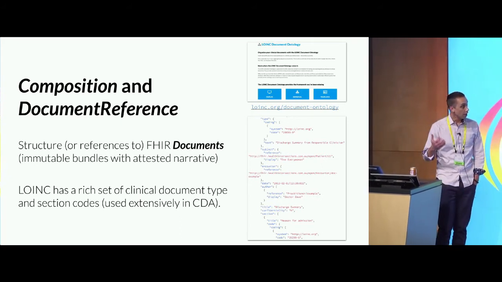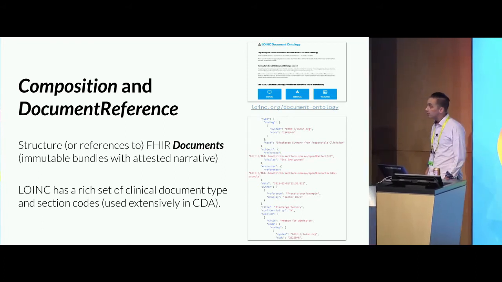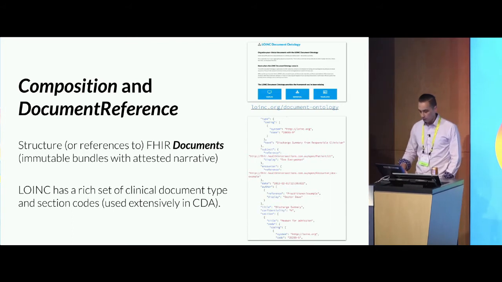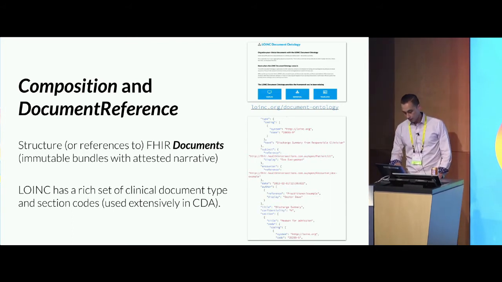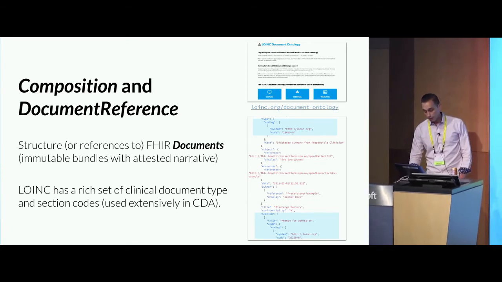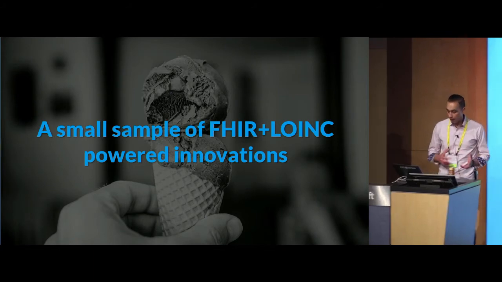Their equivalents or representation structures in FHIR use them in the same way. For example, identifying discharge summaries, progress notes, and the like, both at the overall document level and at the level of sections within those documents. All right, so that's the key main set of things where you might encounter LOINC within FHIR.